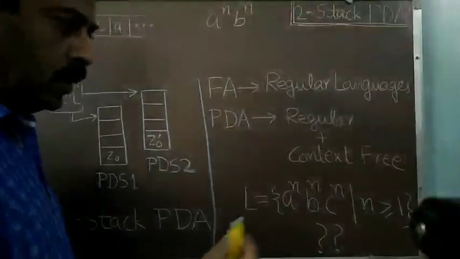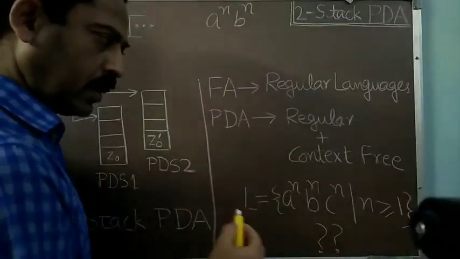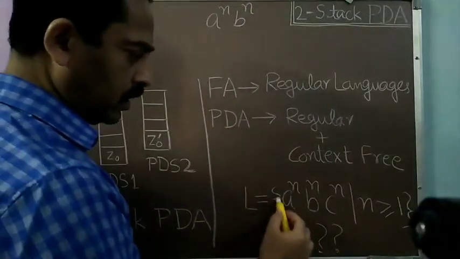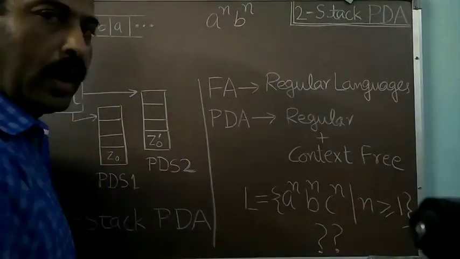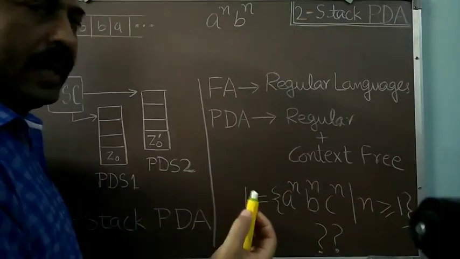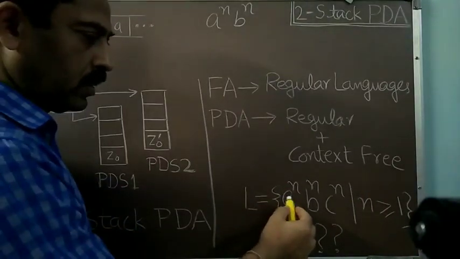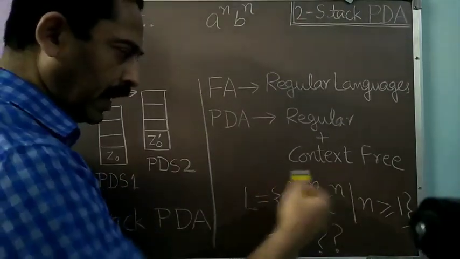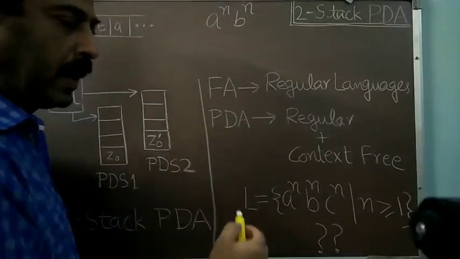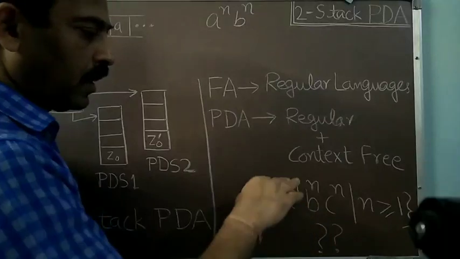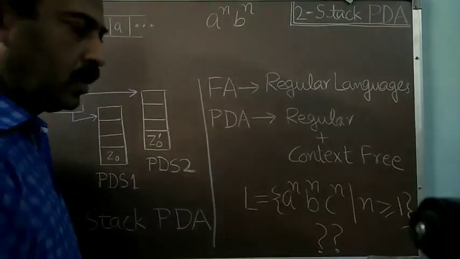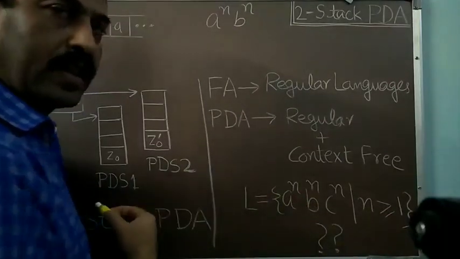By now you would have understood that it is not possible to write a PDA for this particular language where we have to match three quantities. Why? Suppose I want to write a PDA for it, I have to first decide its strategy. I will first push the a's, because I have to match the number of a's and the number of b's.